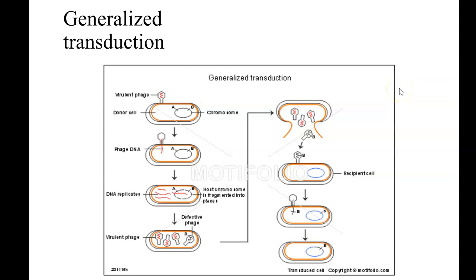And here's another picture where you can see that virulent phage. This picture is a little more detailed. The DNA is injected. It's going to take over the host cell machinery. So you can see where the parts are being made. Then they're being assembled, and then they're being released. If you notice in that second picture on the right-hand side, that B bacteriophage has the bacterial DNA in it.